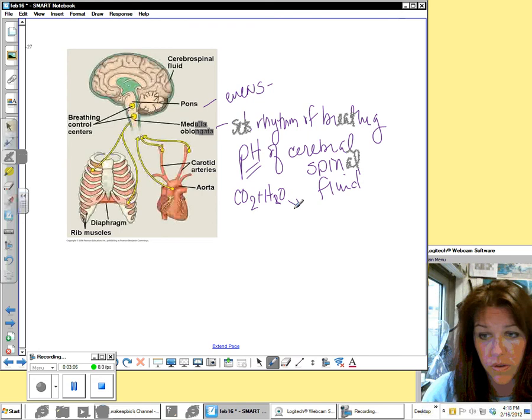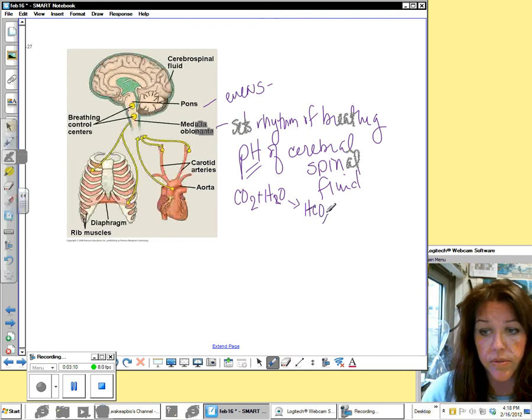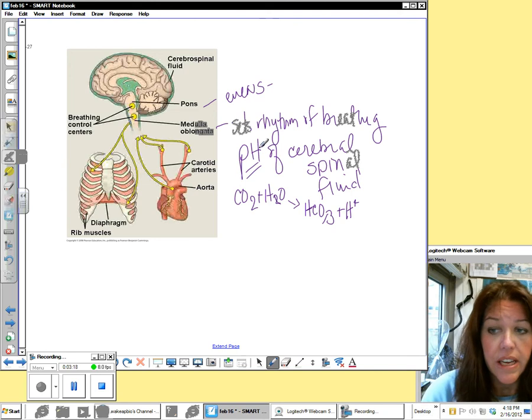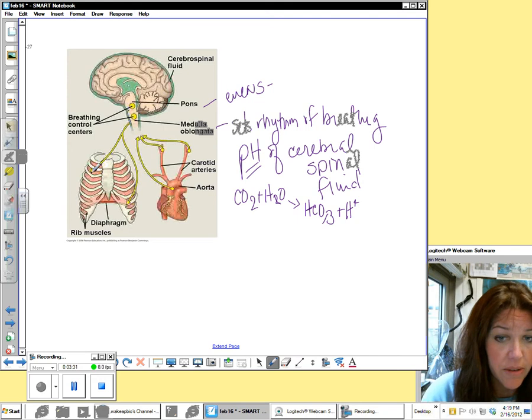H2O gives you carbonic acid, H2CO3, and the hydrogen ion. So if the pH of the cerebral spinal fluid, which is closely tied to the pH of the blood, drops down, the medulla will send a signal to contract rib muscles and your diaphragm.